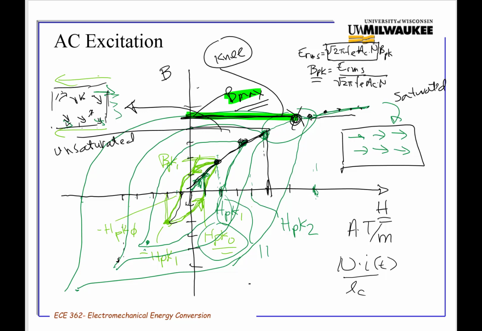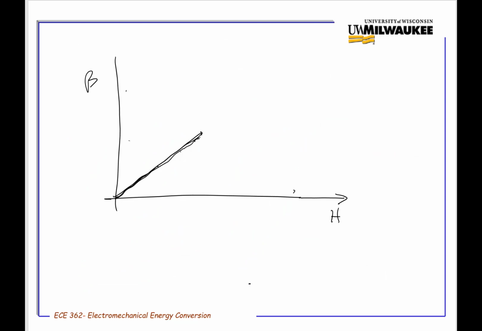Let me clean up the picture. This is your BH curve, and this is what I would call B max. There are data sheets, and I've put a number of them up on Canvas that you can look at for different core materials, and they have different BH characteristics.